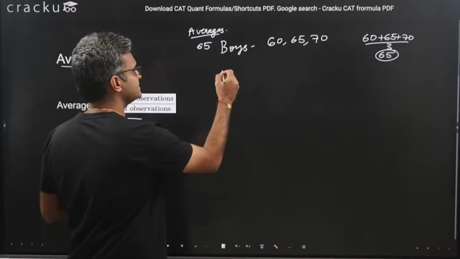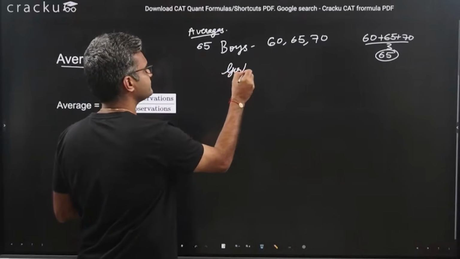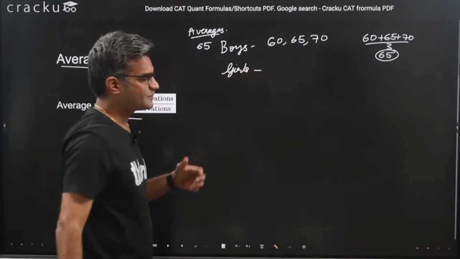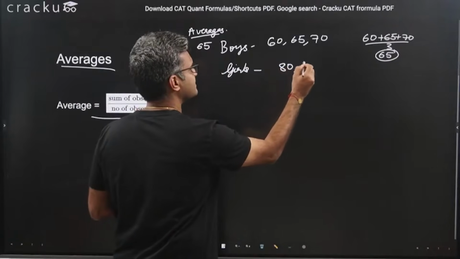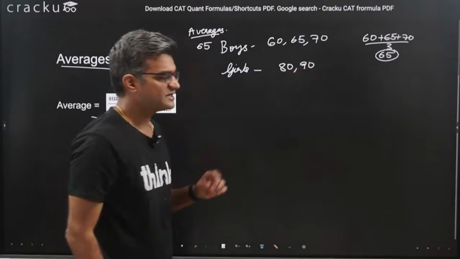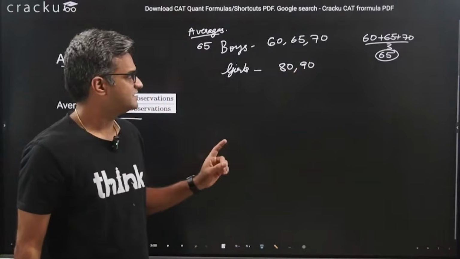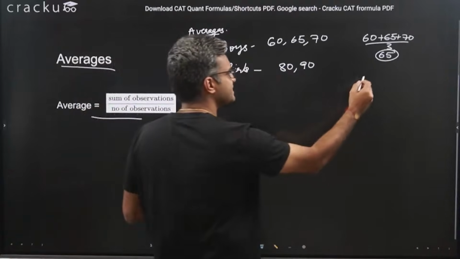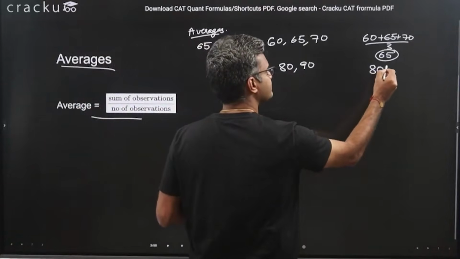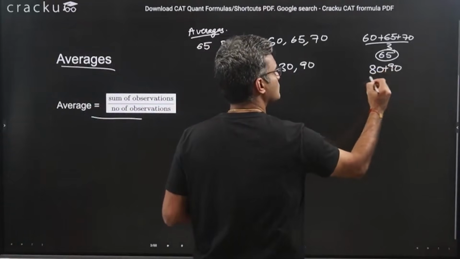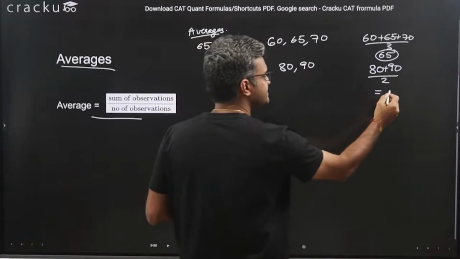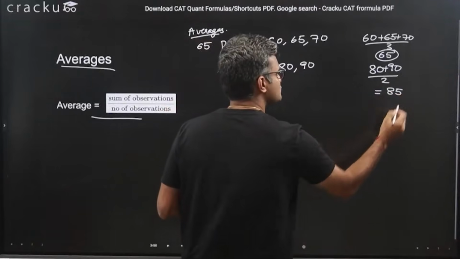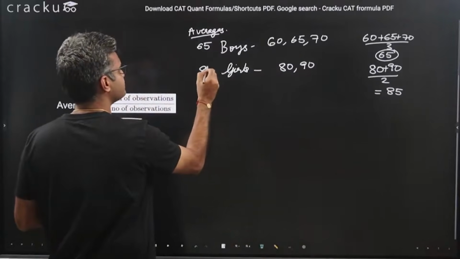Similarly, suppose there are only 2 girls, and their heights are 80 centimeters and 90 centimeters. What is the average height of the girls? It is 80 plus 90 divided by 2, which is 170 divided by 2, which is 85. So the average height of the girls is 85.